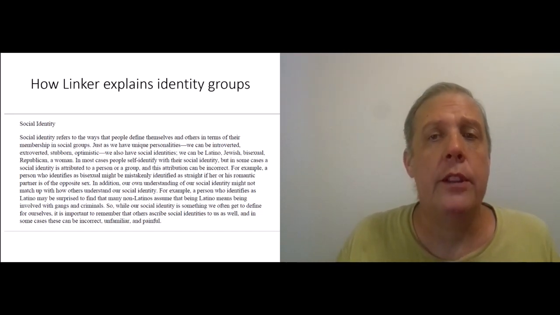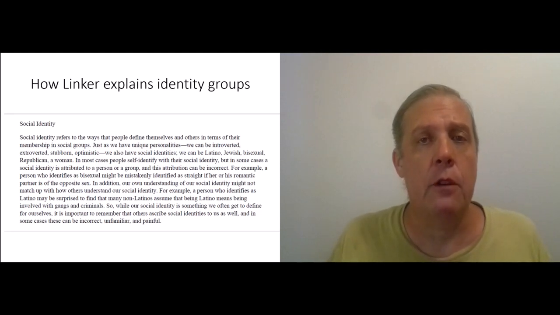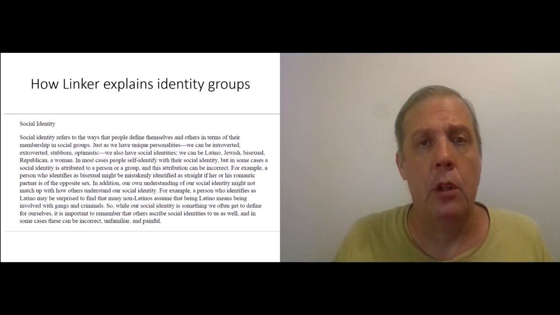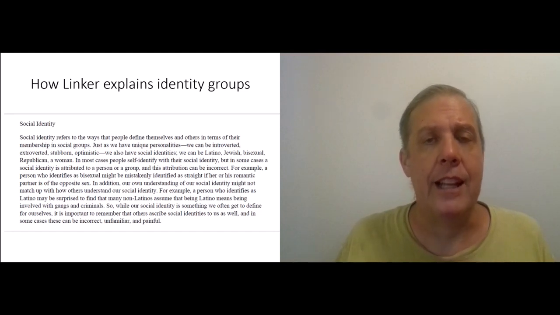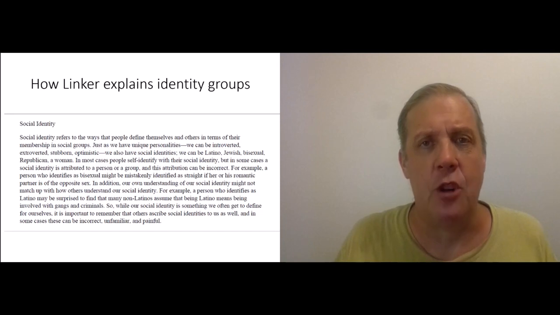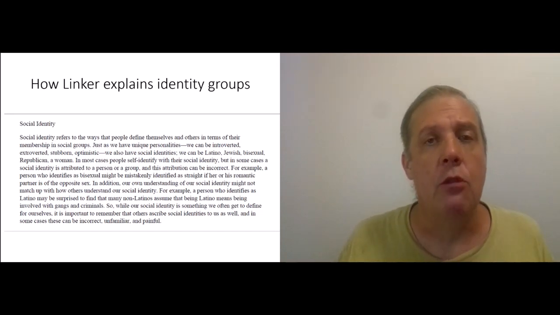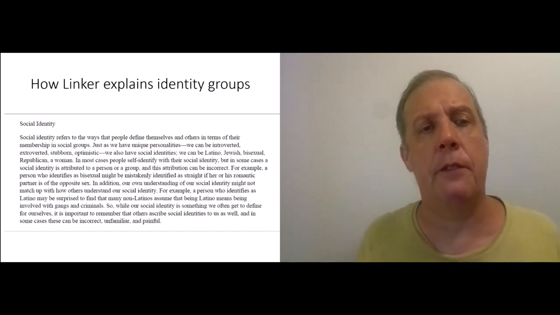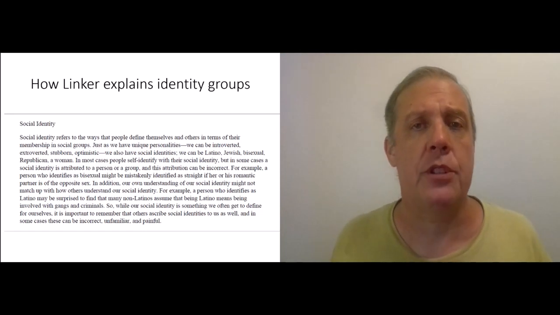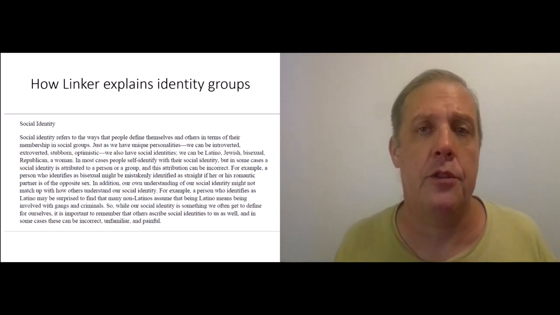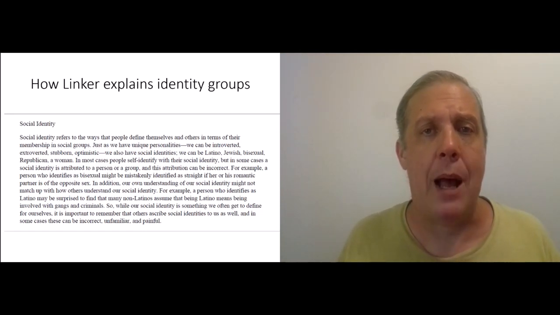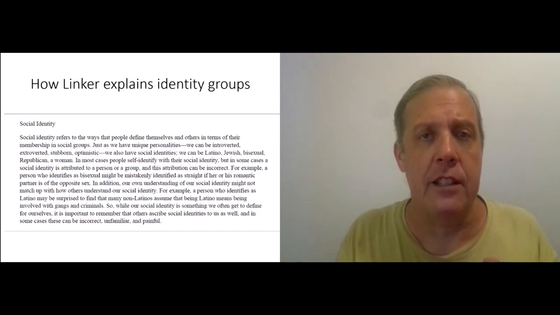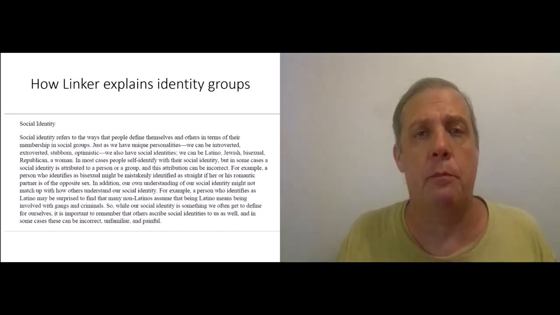So one way that social identities differ from other kinds of groups of people, like if you simply yanked out all the people in America who are over 5 feet tall or left-handed or have names that end with a Y, right? One thing that makes identity groups different than other kinds of arbitrary collections of people is that they're bound up in practices of identifying yourself and identifying other people.